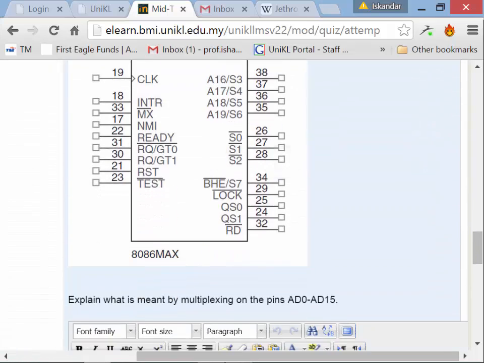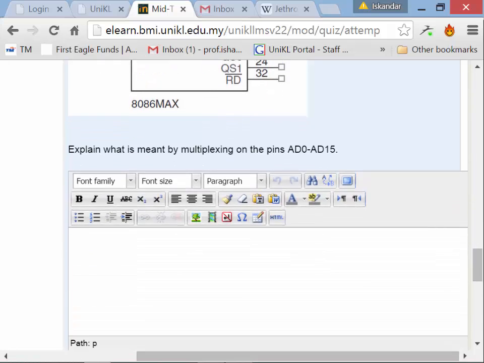Okay, same picture. Explain what is meant by multiplexing 80-0 to 80-15. I'm still talking 80-86 there. 80-0 and 80-15 are the address and data pins.